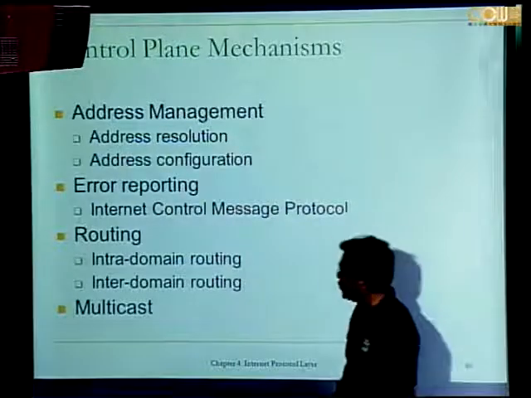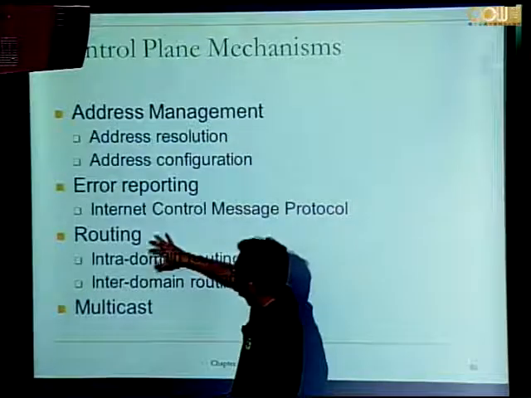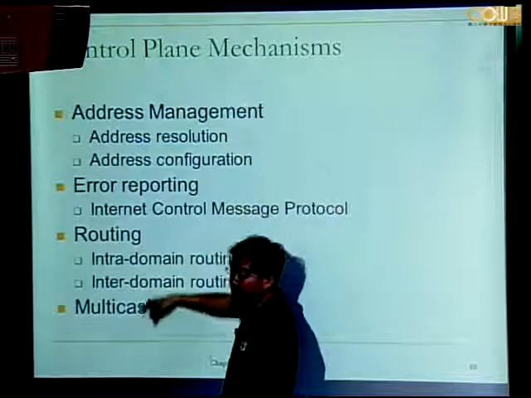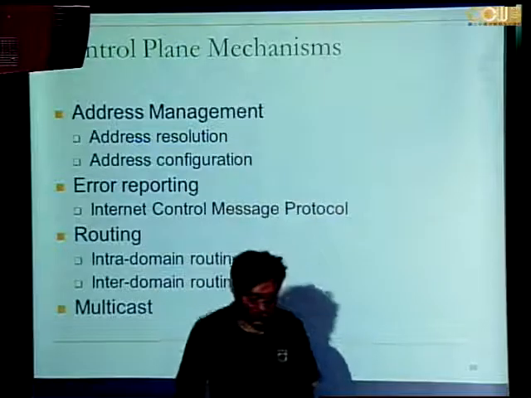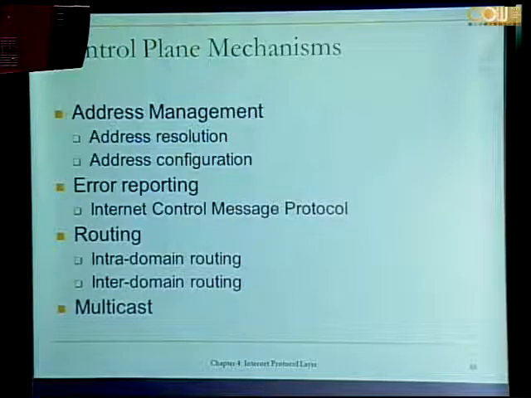I mean, add the routing table data structure into the kernel. For routing, they will do the computation in the daemon, but they need to write some data structure into the kernel. That's because the routing is in the daemon in the user space, but the forwarding is in the kernel space.